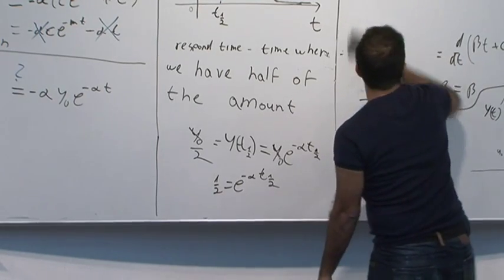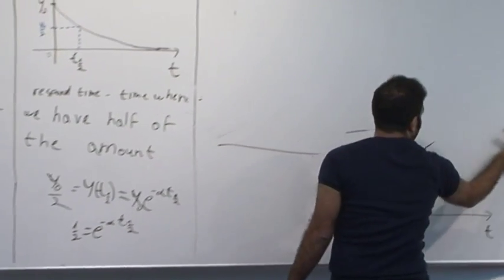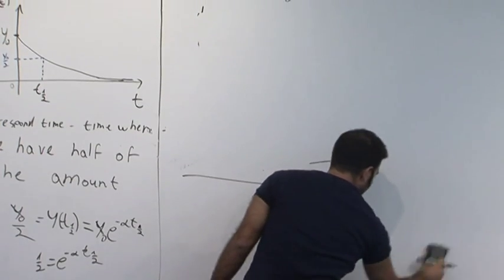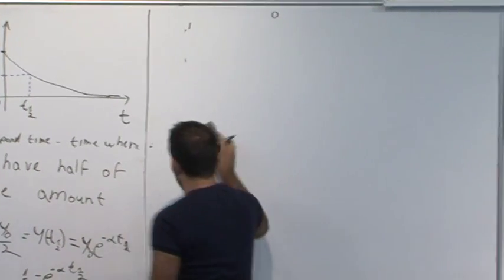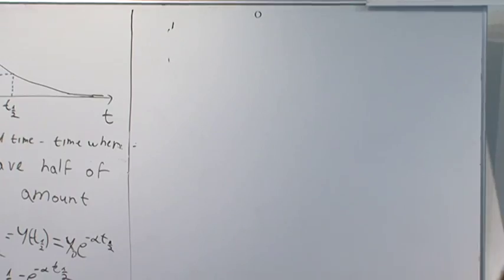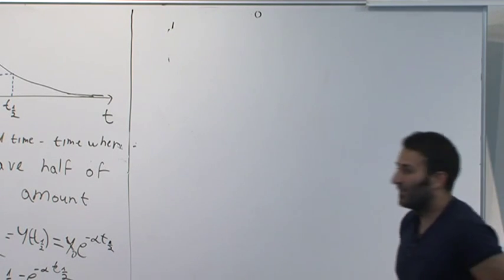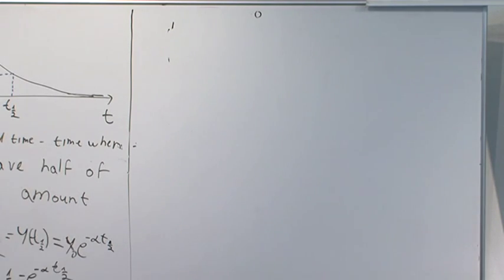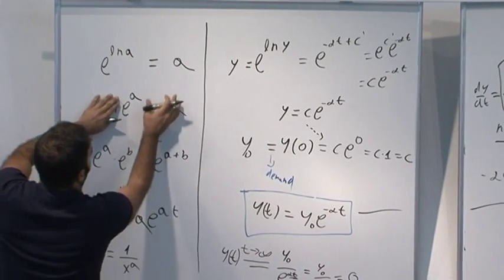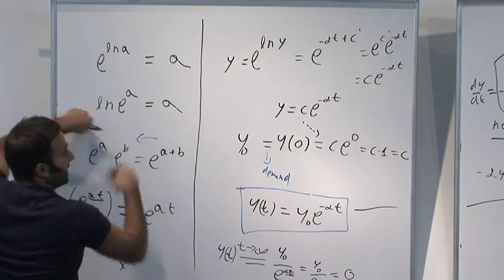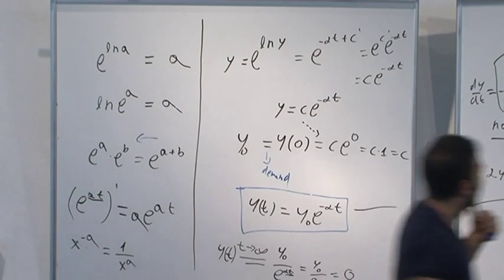What can we do next? We've seen something similar today. What do we do with the exponent? Exactly. Before, we had ln and we took the exponent to cancel it. Now we have an exponent, and we take ln in order to cancel it.